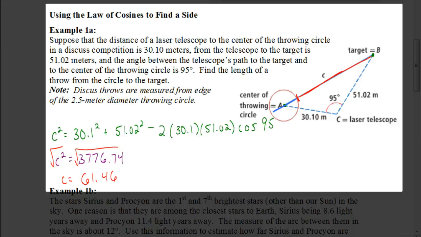So that means the radius is half of that, which will be 1.25 meters. So we're going to have to subtract from our distance here, the 61.46, the radius of the circle, which is 1.25, to get a total distance of 60.21 meters. So that represents how far that discus traveled from the edge of the circle to where it landed.